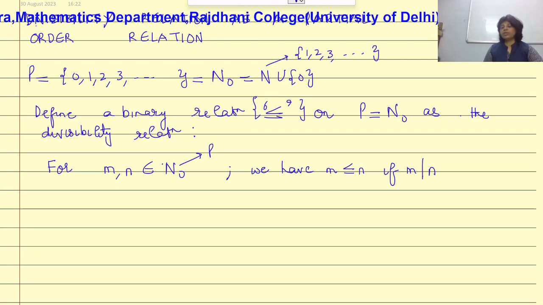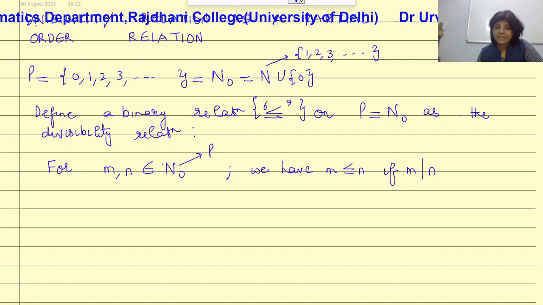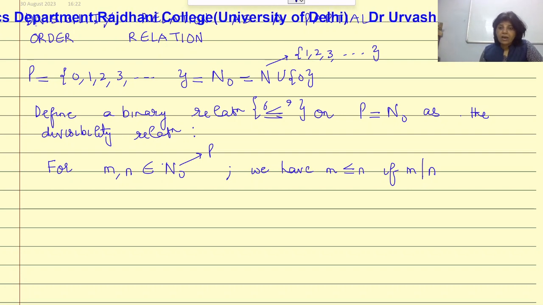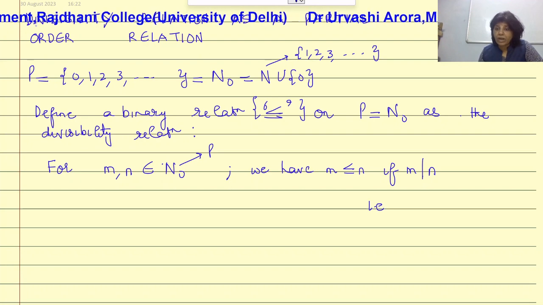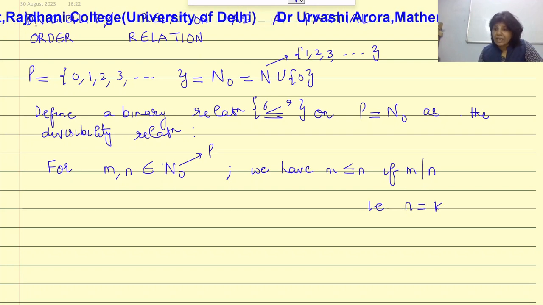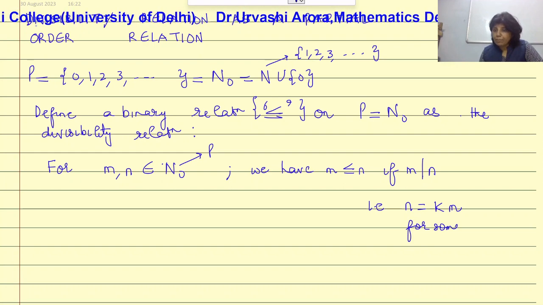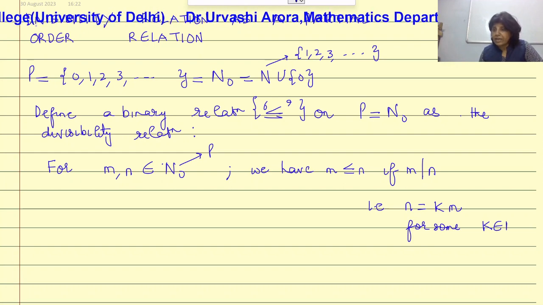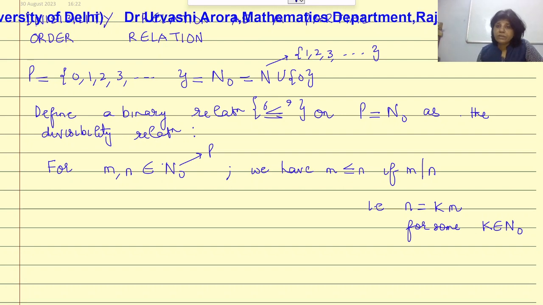This is the notation that we use for saying that m divides n. And what do we mean by saying that m divides n? It means that we should be able to write n as k into m for some k belonging to the underlying set, the set of whole numbers. So this is the definition of the divisibility relation.